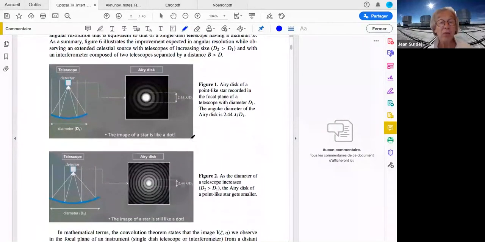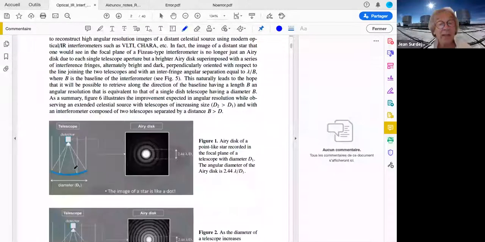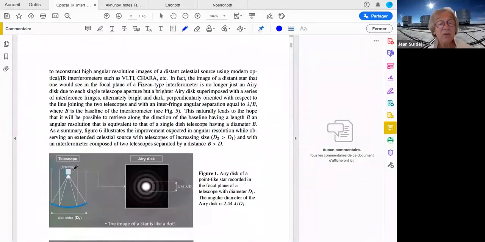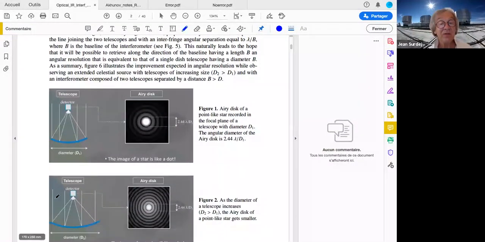Now, if you go to a larger size telescope, just jumping on this figure, you see that the diameter D2 is a bit bigger than the previous one. You still get an Airy pattern, which is a signature of your aperture, but not connected at all with the physical properties of the star.